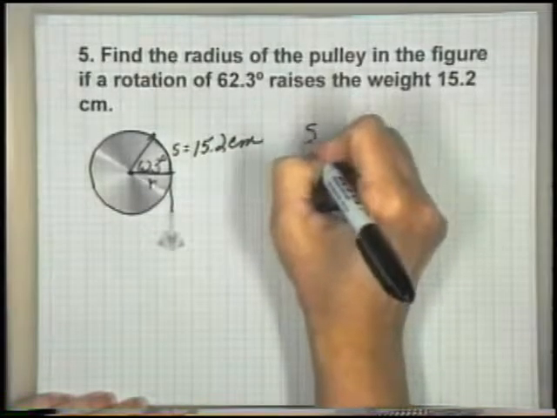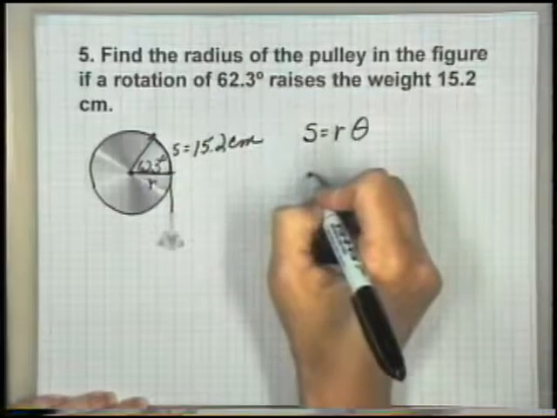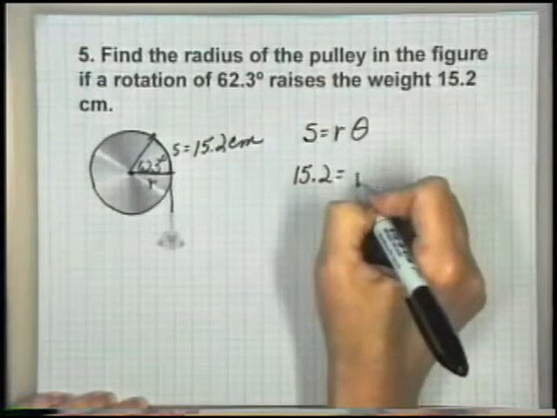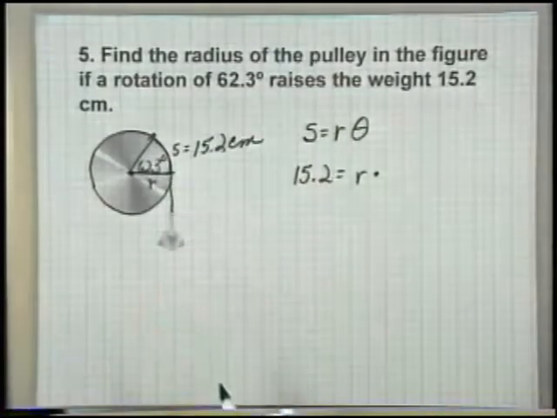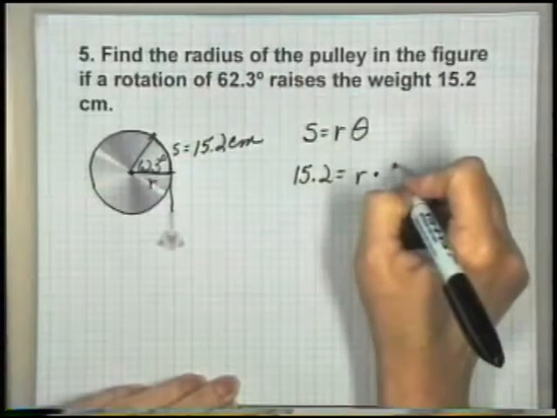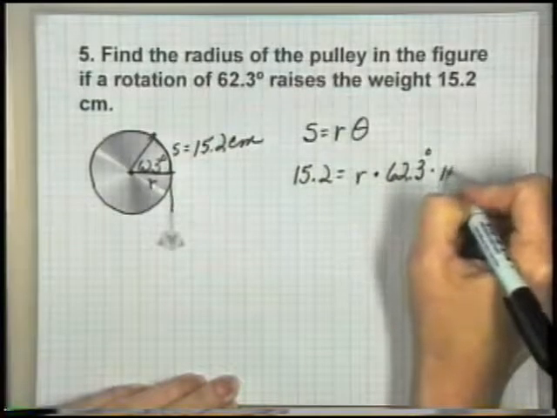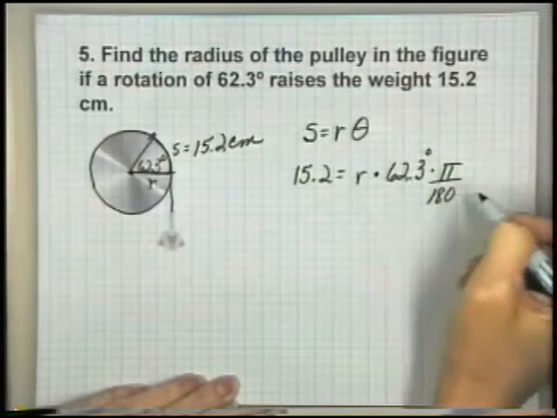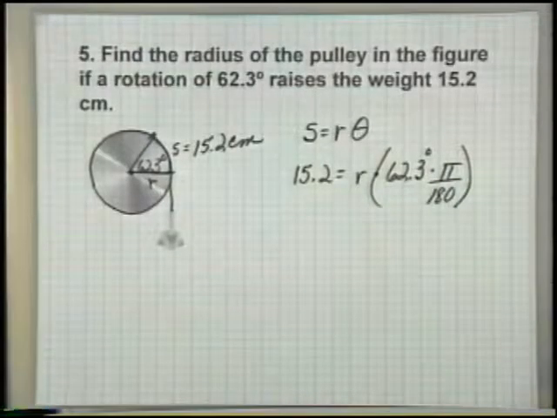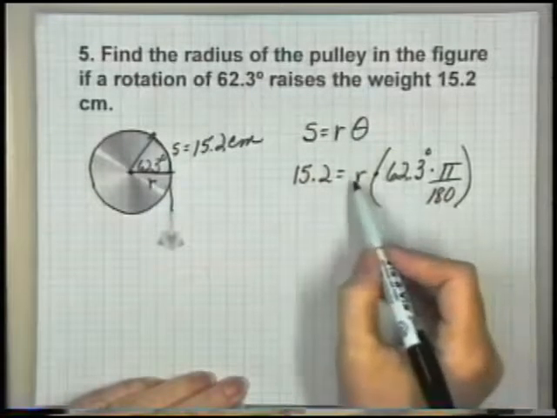So we know that S equals R times theta. We know that S in this case is 15.2. We're looking for R, and the problem is that theta is not in radians, but we will write the 62.3 and multiply it by pi over 180, and this will convert our theta to radians so that it's just a number.